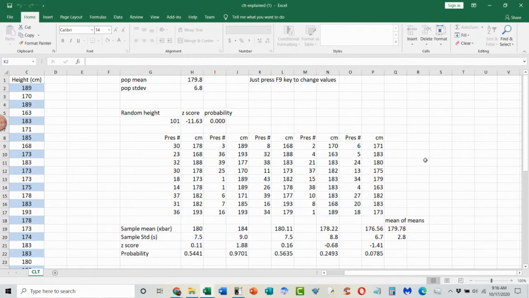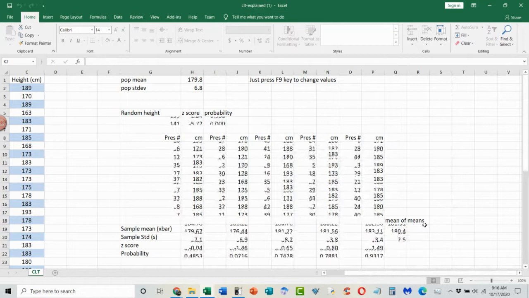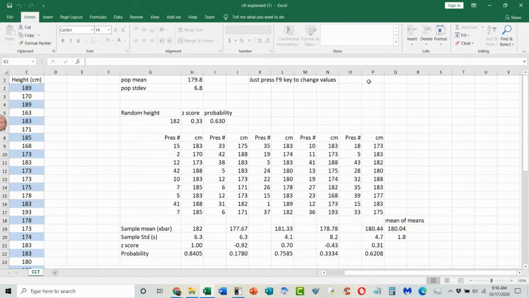And as you notice, these two values stay pretty close to this 179.8. And the more samples I have, this would actually stay at 179.8. The average of the means would be the population mean.